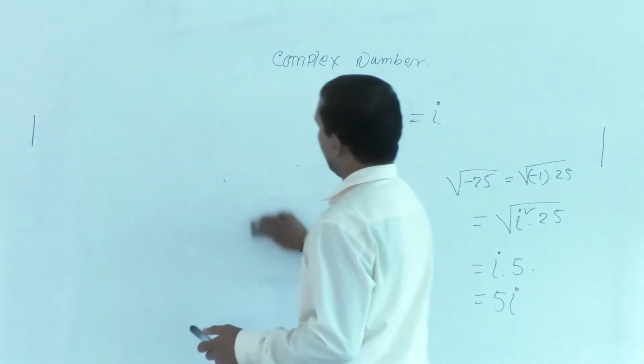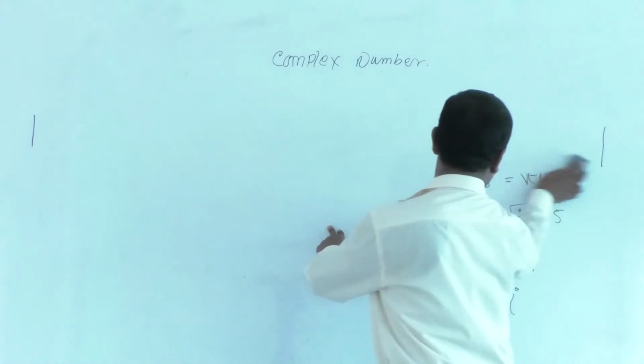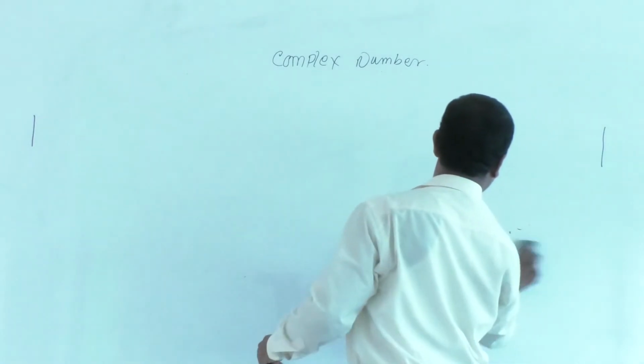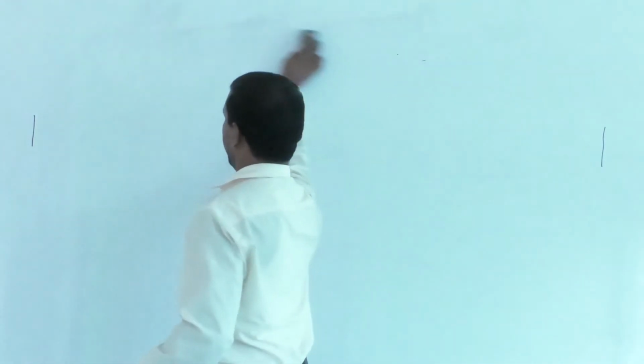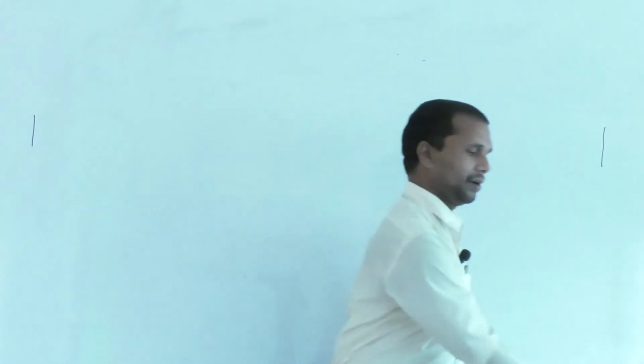Now we will learn what exactly a complex number is, the definition of a complex number. You know about real numbers. In the case of a complex number, there are two separate parts. One is the real part, another is the imaginary part.